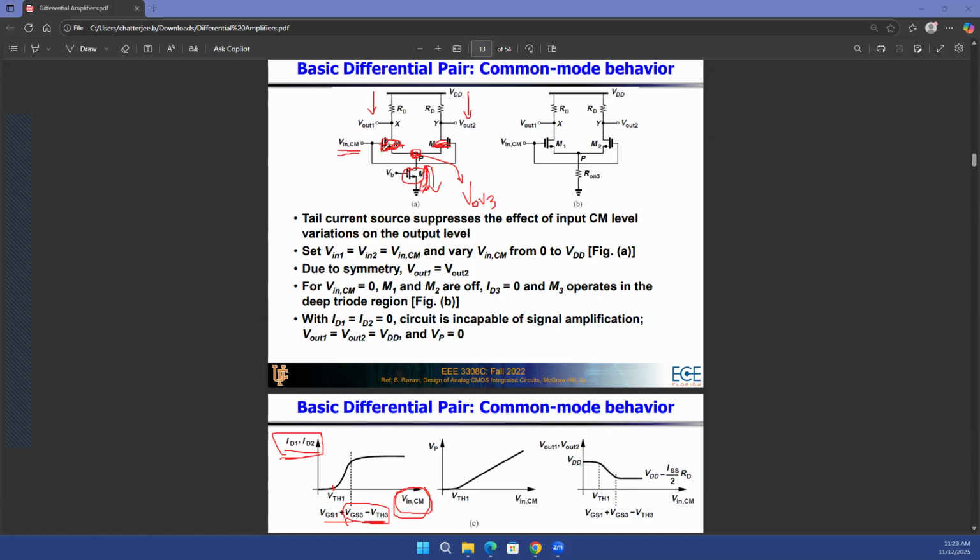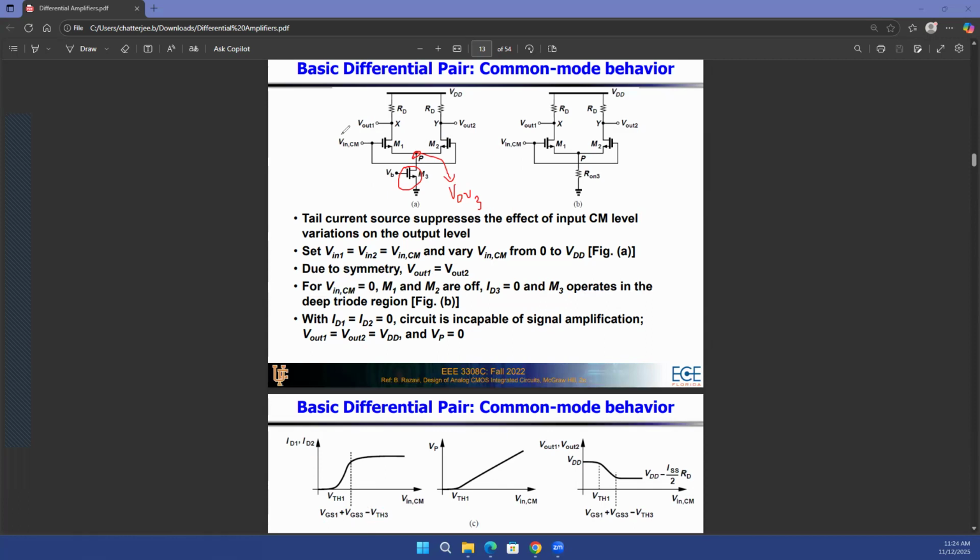The point P is the source voltage of transistor M1 and transistor M2, right? And that voltage of point P has a minimum. It needs to be equal to V overdrive of 3 to make sure the bottom transistor is in saturation. So until and unless your source voltage over here reaches V overdrive of 3, transistors are not in saturation.